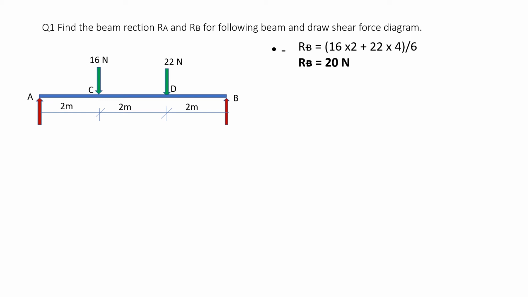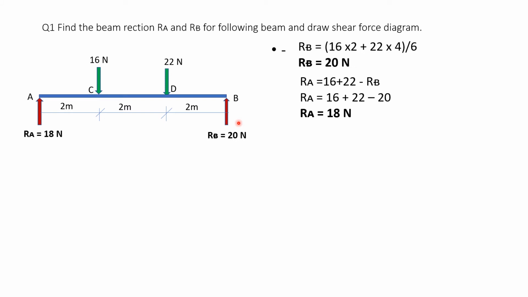We take the moment of all the forces about point A, clockwise positive, anti-clockwise negative, and we get RB equal to 20 Newton. Then we calculate RA, where the sign convention is going down positive, going up negative: 16 and 22 going down positive, substitute the value of RB going up, so minus 16 plus 22 minus 20, 18 Newton. Show RA and RB in the figure. So the reactions are RA 18 Newton, RB 20 Newton.